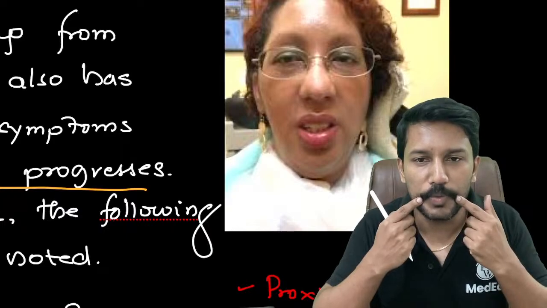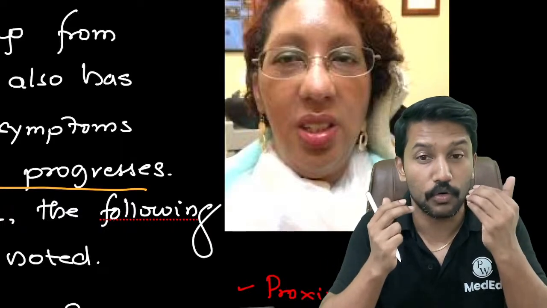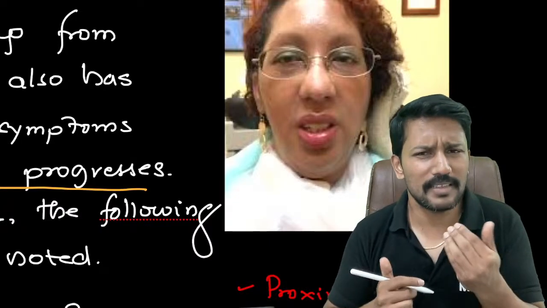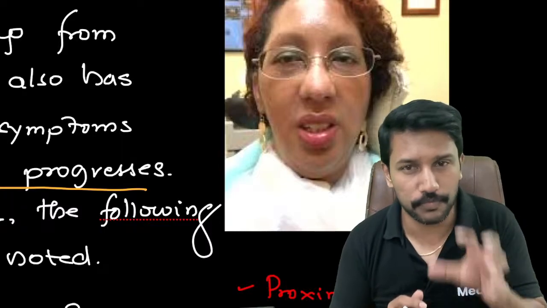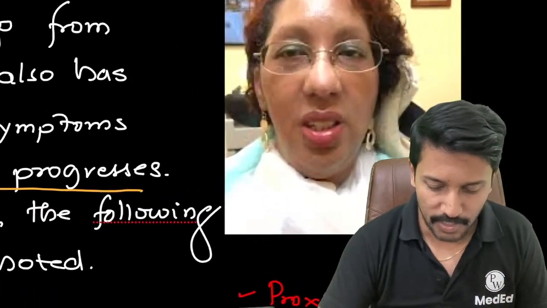But unfortunately, these people are not able to lift it up because the muscles of facial expression are not able to contract well. So when they smile, only this portion gets lifted up, and this kind of looks like the snarling of a dog. That is why this facial appearance, as you see here, she has been asked to smile.